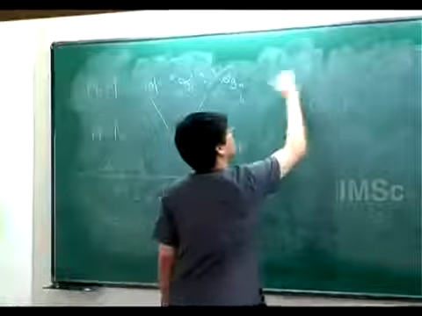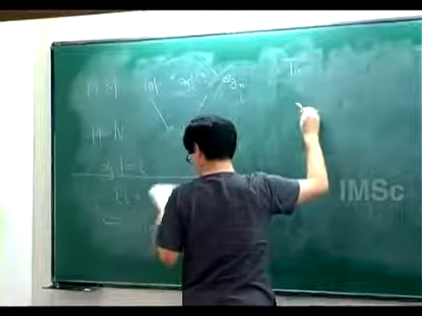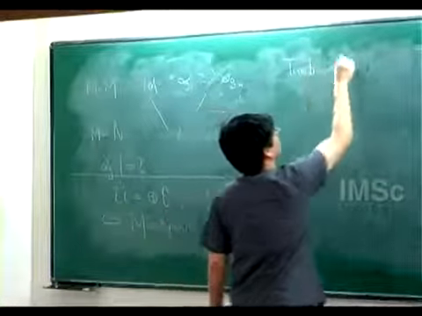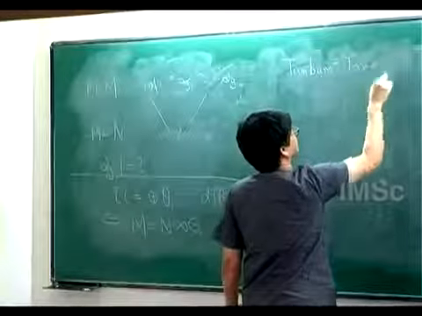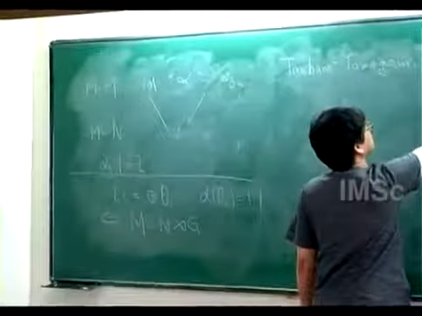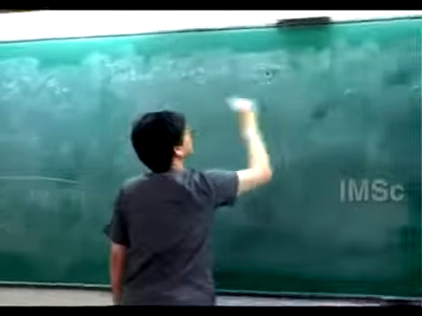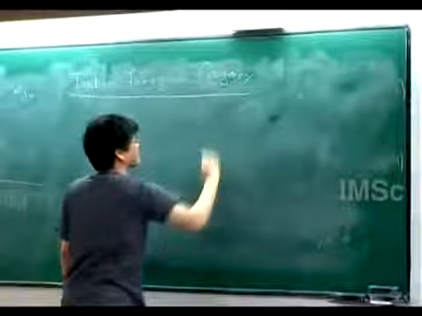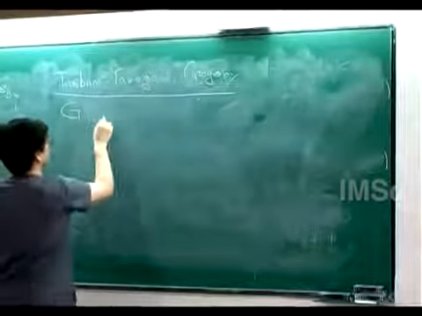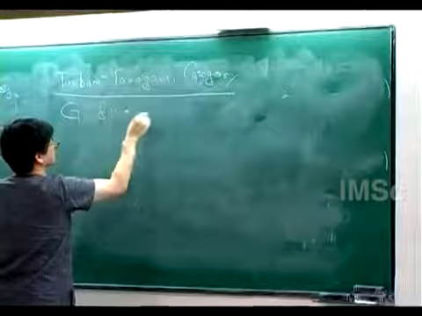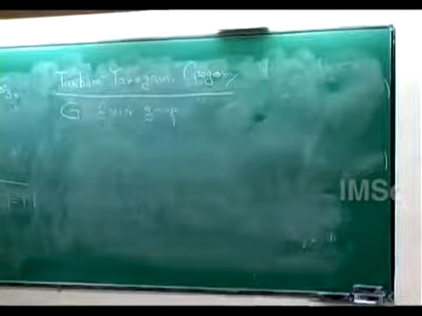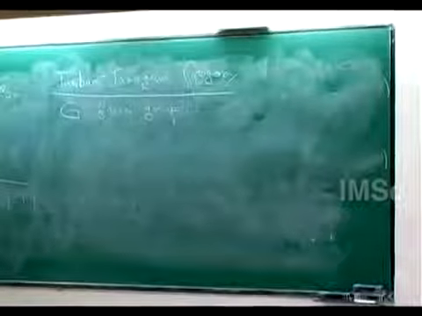Right, so I talk about what's called the Tambara-Yamagami category. Let's just start with a finite abelian group G. Then Tambara and Yamagami consider what's called a fusion category.